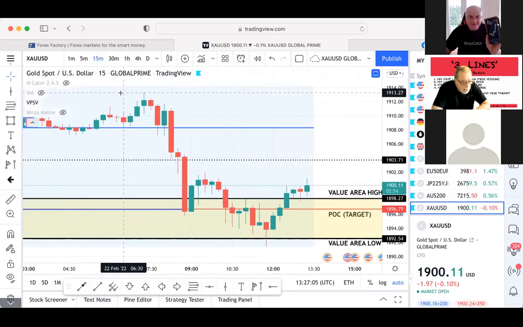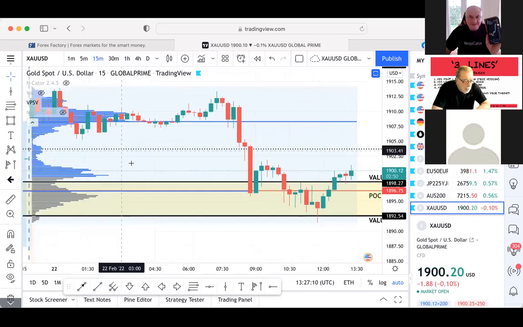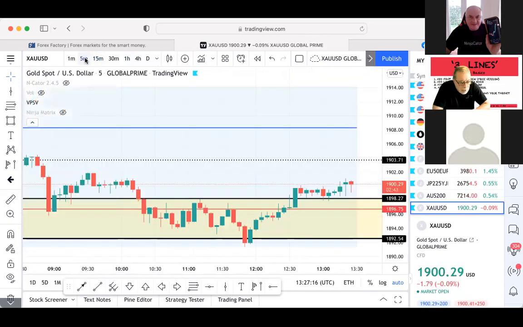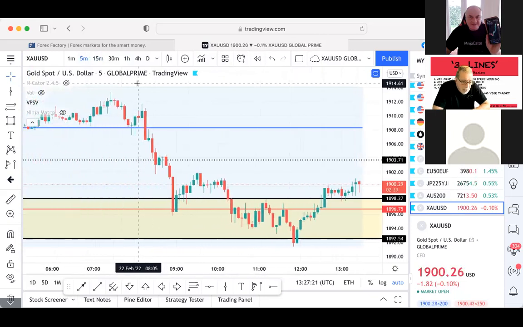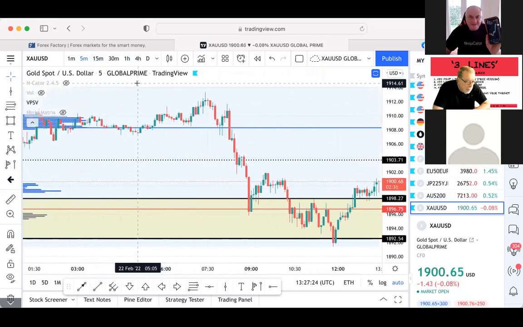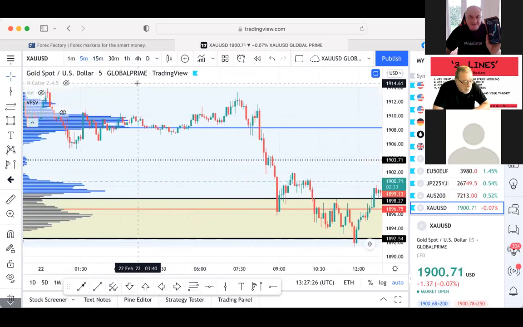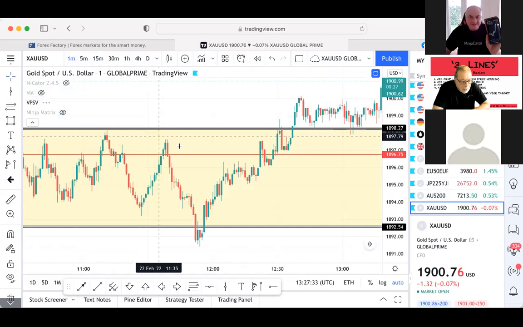I take most of my trades on the 15-minute chart. I keep an eye on the 5-minute chart just to see if that gives me any fresh or further information. And I've also started watching the 1-minute chart because Jeff Goodwin has been doing some trainings using the 1-minute chart, and it's a bit of a scalping strategy.